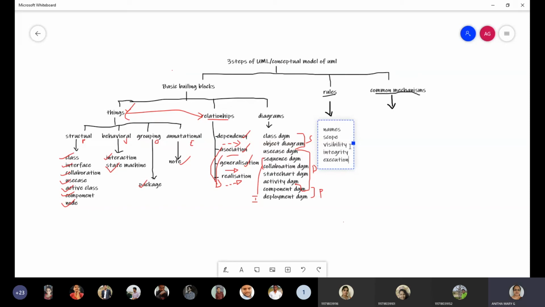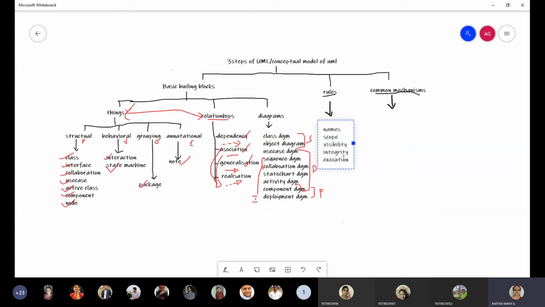Execution means, as I told you many times, at runtime where exactly a model can simulate. You have written some program, and you want to see its execution. When you execute, you can see the output, or if you get errors, you debug again and then see the execution.